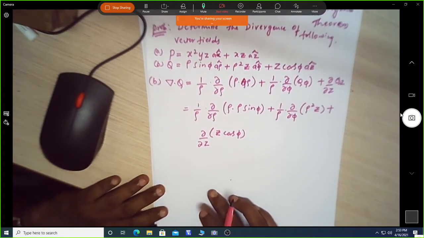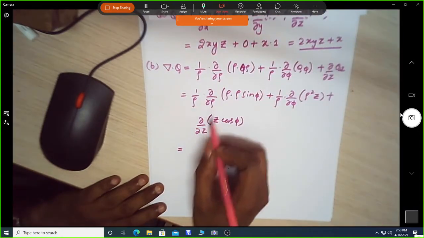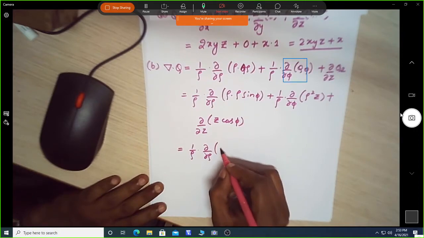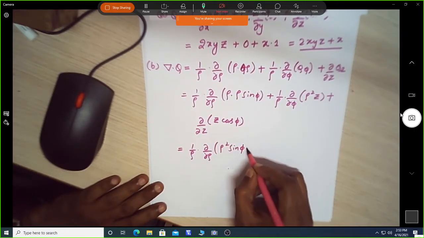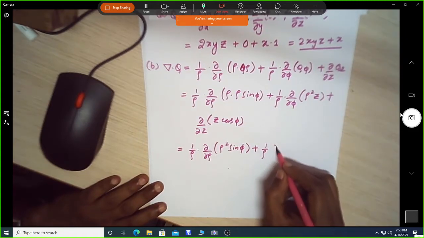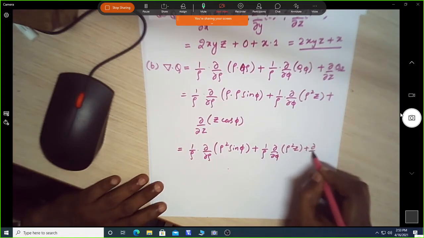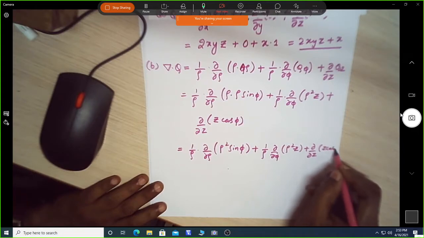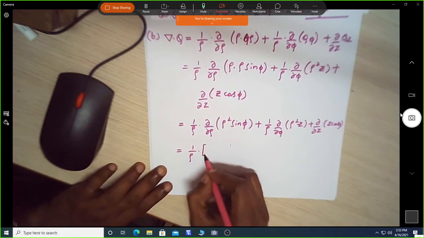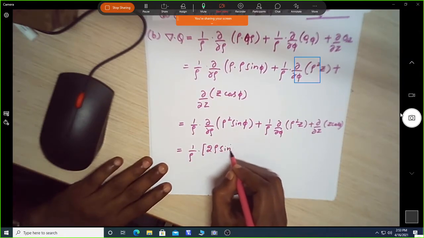Okay, so now we can evaluate the value. We will get 1 by rho into del by del rho of rho square sin phi, plus del by del phi of rho square z, plus del by del z of z cos phi. Now differentiate: what is the differentiation of rho square with respect to rho? It is 2 rho sin phi.